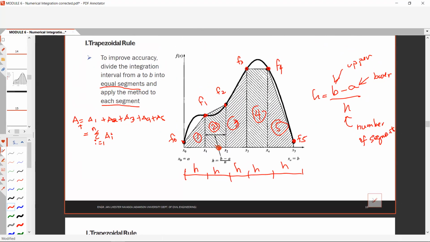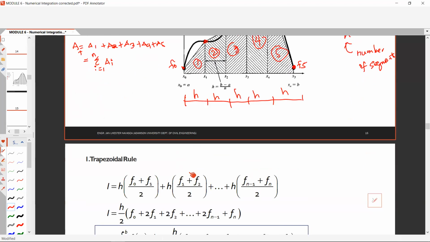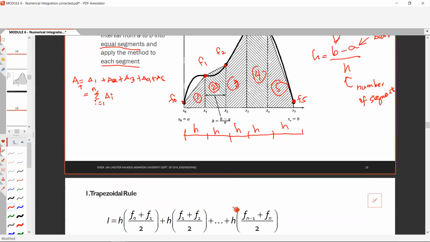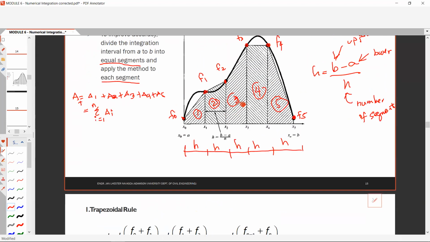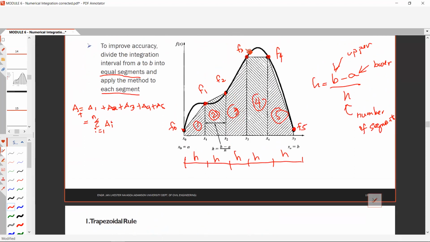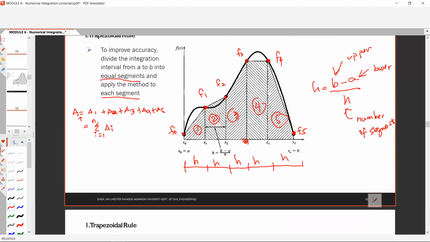Okay. So area 2 is f of 1 plus f of 2 over 2 times h, and so on and so forth. Area 3 is f of 2 plus f of 3 times h over 2. Area 4 is f of 3 plus f of 4 times h over 2. And area 5 is f of 4 plus f of 5 times h over 2.